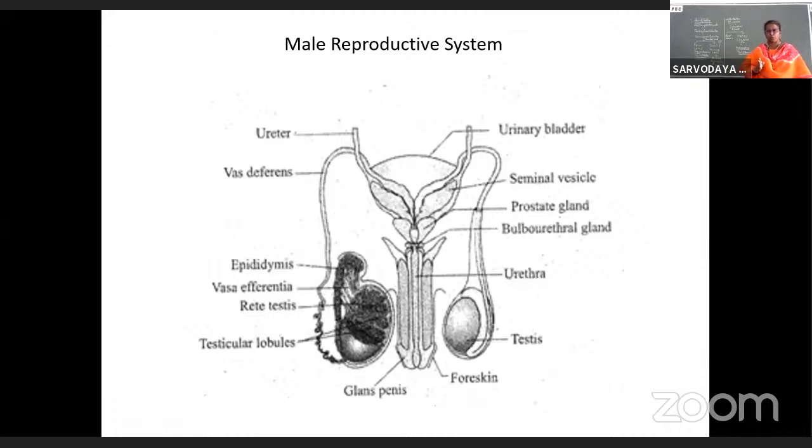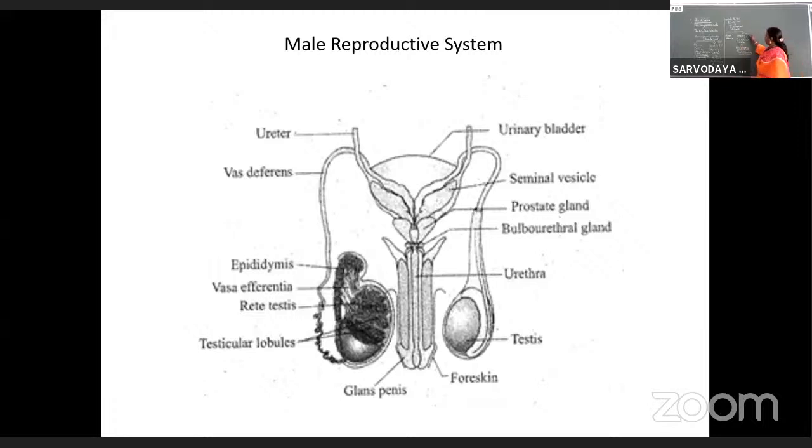So remember, two important cells in the testis. One is the Sertoli cell. The second one is the Leydig cells. What is the function of Sertoli cells? It is going to nourish the developing male germ cells. What is the function of Leydig cells? It is going to secrete the male hormone, androgens, called testosterone.